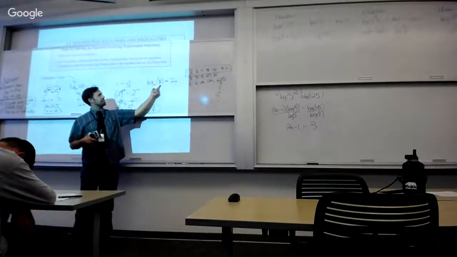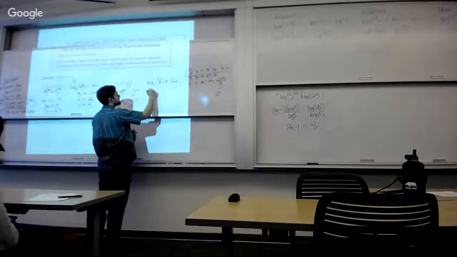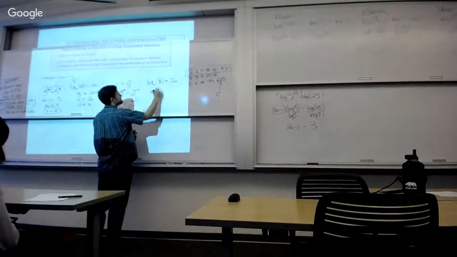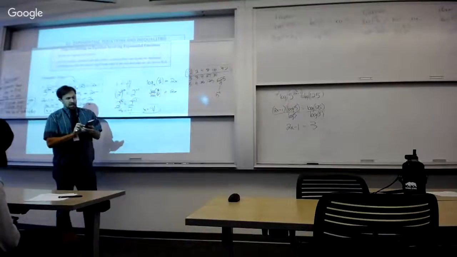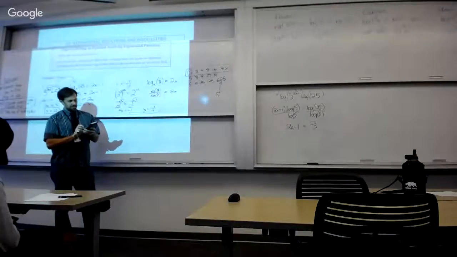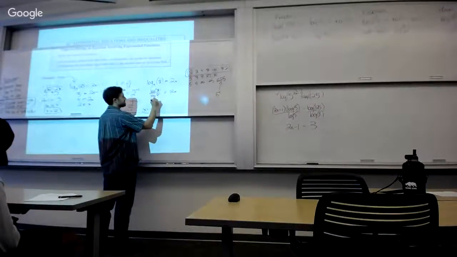Log base 4 of 1/2, you type it in your calculator, is log of 1/2 divided by log of 4. If you want to write it down, you certainly can. That way you can type it into your calculator, in which case you get the answer, -0.5 or -1/2. I'll put -0.5.